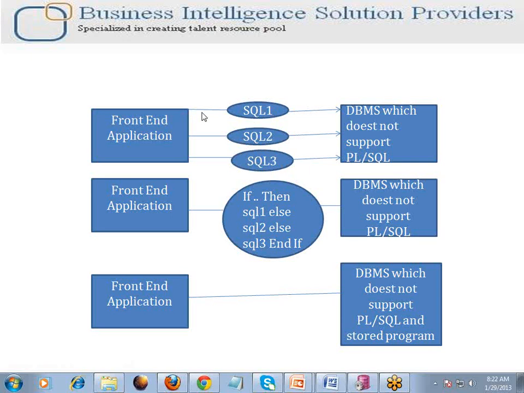What happens? If you write one SQL, it will go to the Oracle database or any database, fetch the information and come back to the front-end application. Second, there is another type of information required. Write another SQL, go to the DBMS, come back again. So you can see there are 3 input outputs with 3 SQLs that increase the network traffic and degrade the performance.